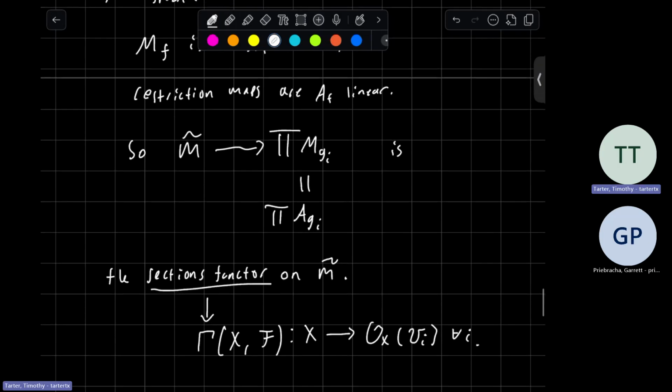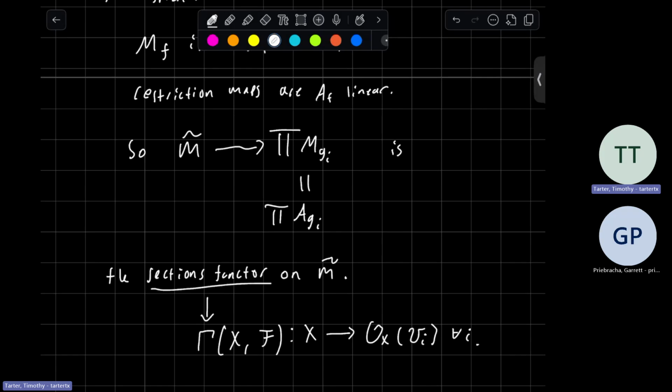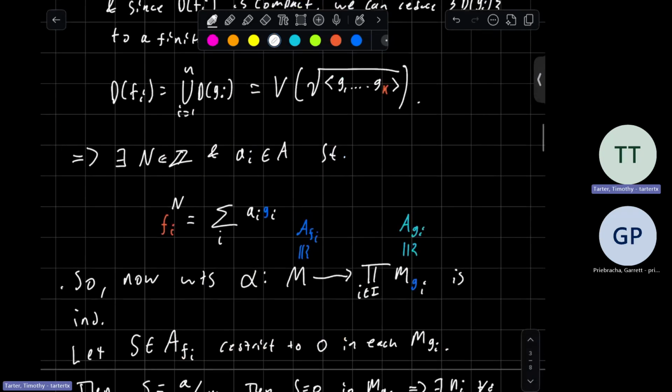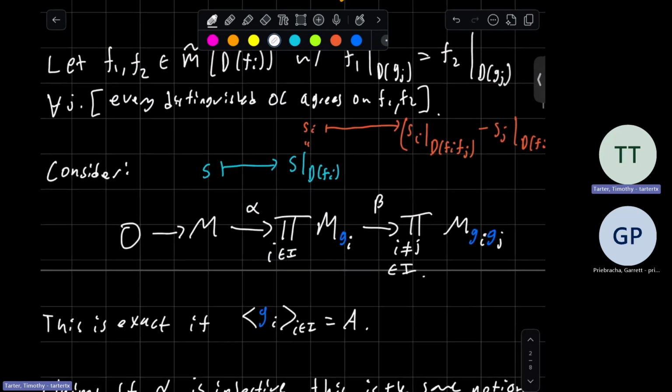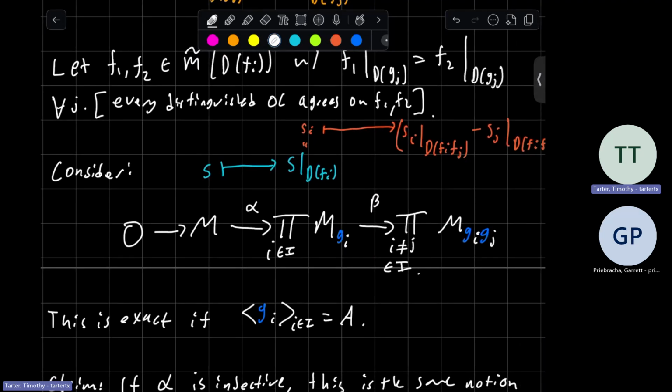So yeah, we're going to talk about this more in chapter 6 with quasi-coherent schemes. Also this sequence being exact, if our GIs generate A, basically we're talking about an exact sequence of modules, and like alpha and beta are very important later on in life, if that makes sense. Okay.